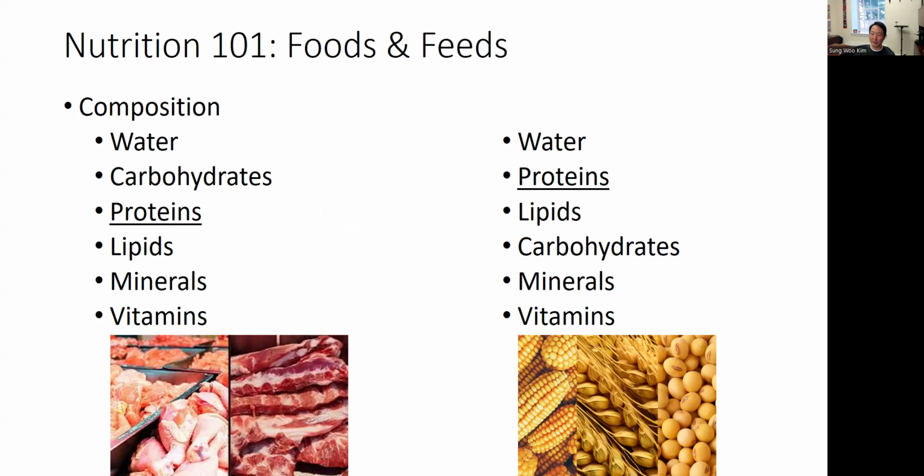If it is cereal grains, very low, less than 10%. If it is soybean, it's higher than 30%. Depending on the grain, there are also some lipids, usually 5%, less than 10%, right? So that's the comparison between food from animal tissue and food from plants. They are different, right?